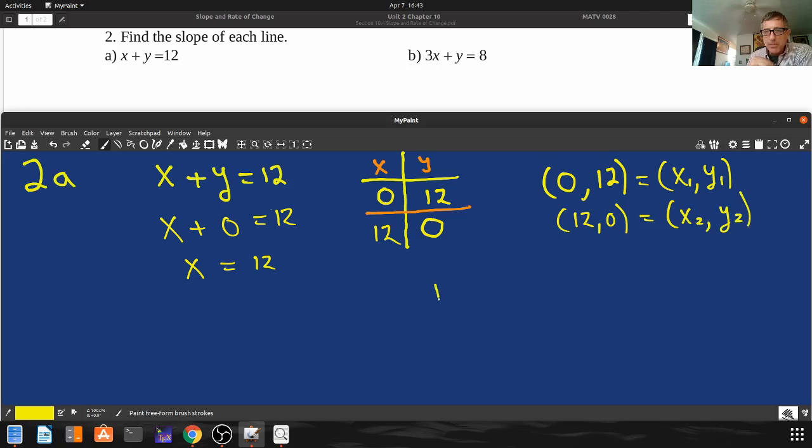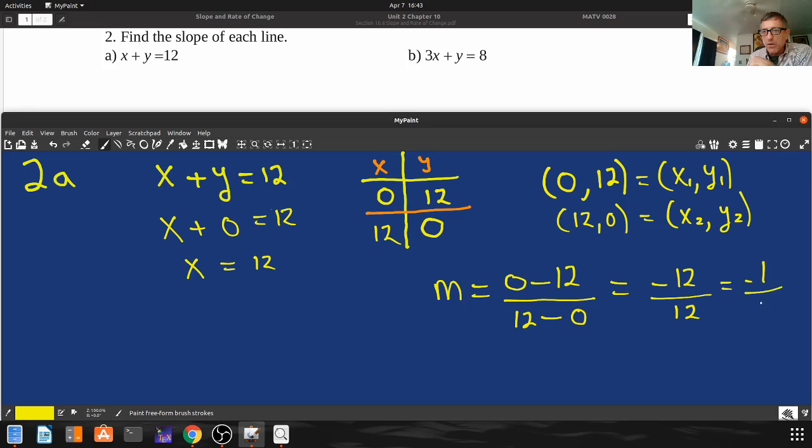So my slope m is equal to y2, which is 0, minus y1, which is 12, over x2, which is 12, minus x1, which is 0. So that gives me minus 12 divided by 12, which is equal to minus 1 over 1, which is just another way of saying minus 1.